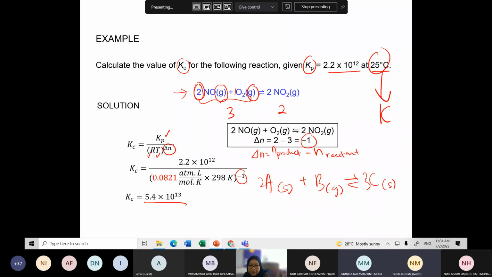So how do you calculate delta N for this one? Delta N is equal to product minus reactant.